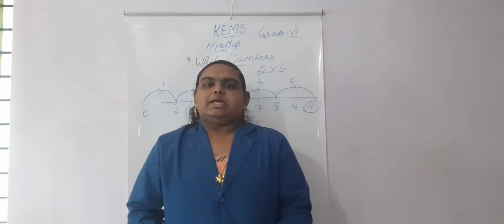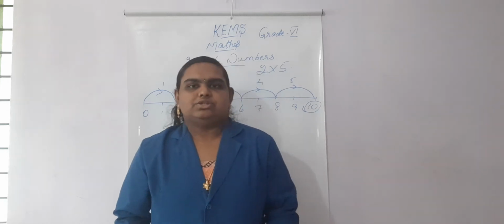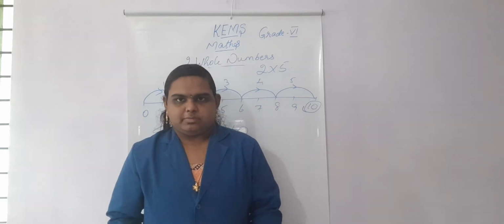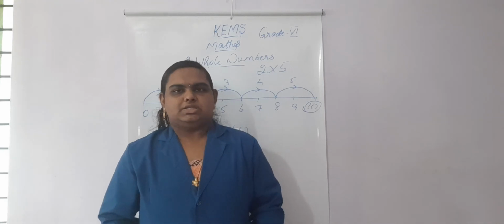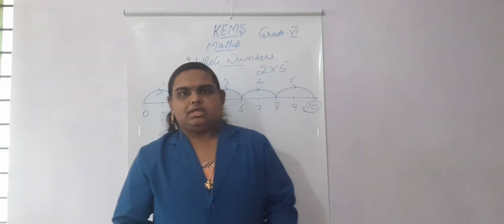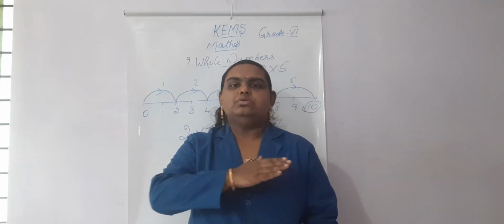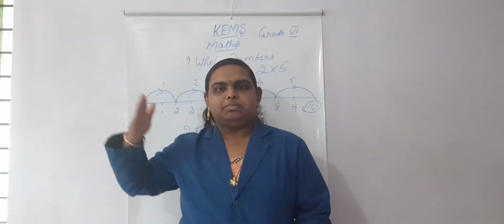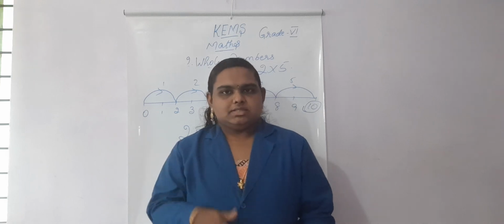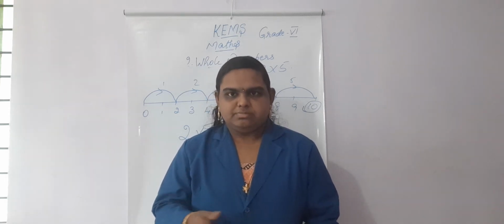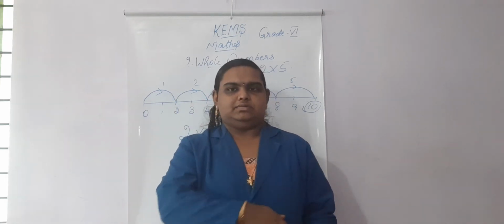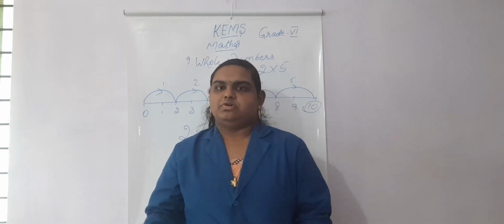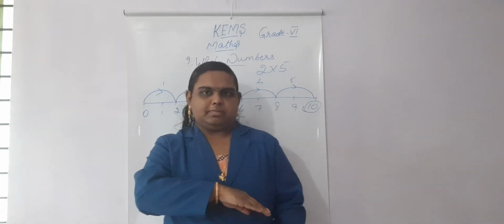Then the types of number line operations: addition, subtraction and multiplication on number lines. For addition you have to jump forward, one place at a time, and the same for subtraction, but we have to jump backward. You should not jump forward; you have to jump backward.